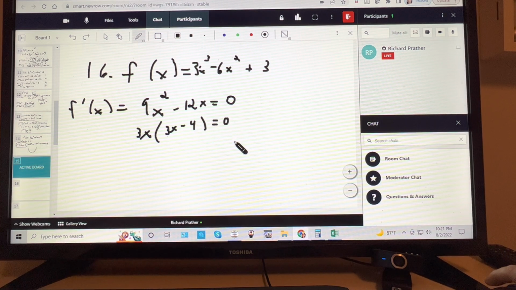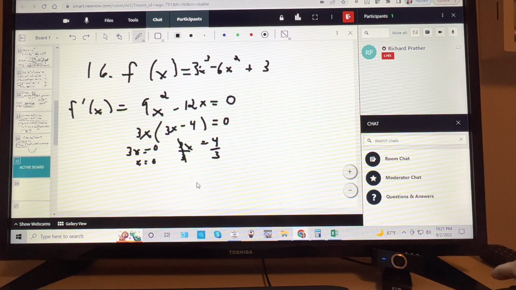This is going to equal 0 twice. It's never undefined because it's a polynomial. So it's equal to 0 at 0 itself, and if you add 4 and divide by 3, 4/3. So there's two critical numbers.